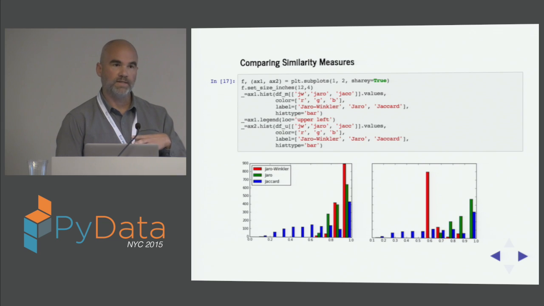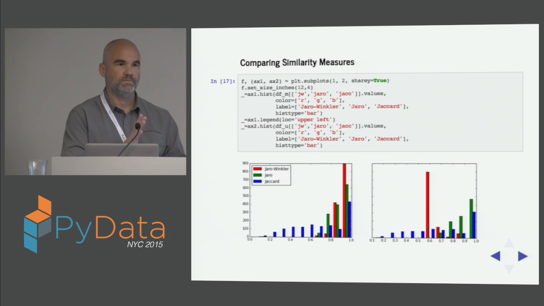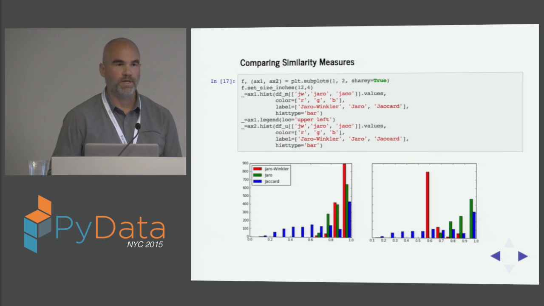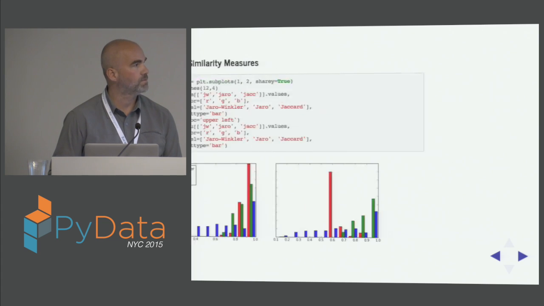And then on the right-hand side are the scores on the top, I think it's the top 1,000 non-matches. And so what I'm trying to convey here is that the Jaro-Winkler metric gives you really good separation. So it gives you relatively lower scores on the non-matches and relatively higher scores on the matches. Again, that won't be true on every data set, but in data matching applications, especially with businesses and sometimes human names, that's often the case.